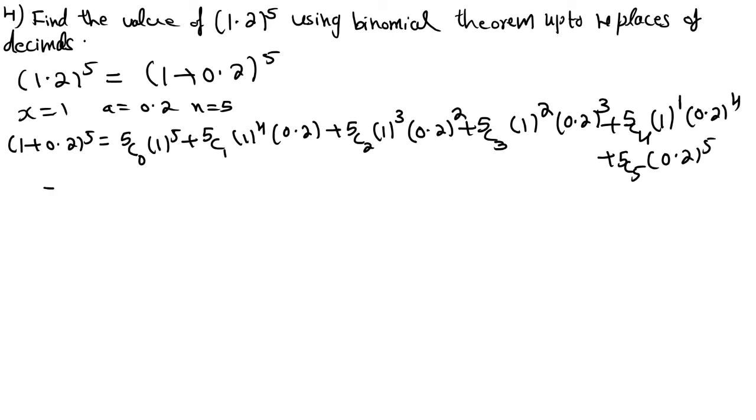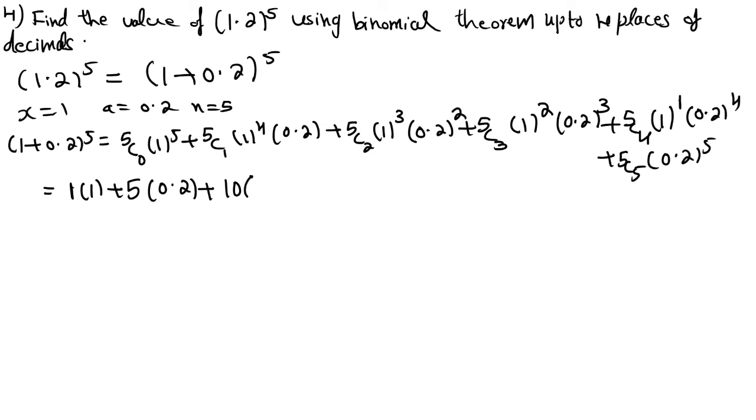Okay, now simplify this one. 5c0 value is 1 into 1 to the power 5 is 1 plus 5 into, 5c1 value is 5, 0.2 plus 5c2 value is 10 into 1 cube is 1, 0.2 square.